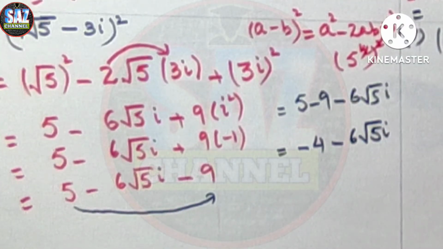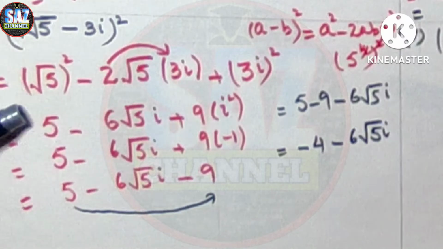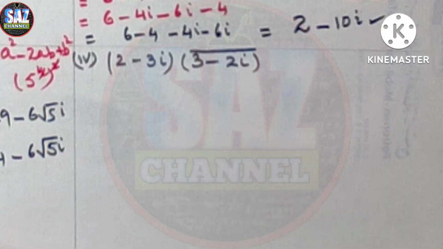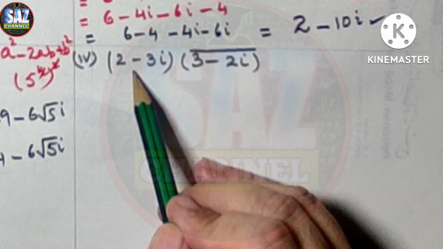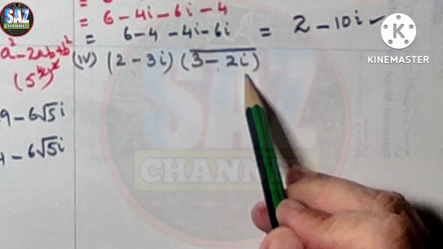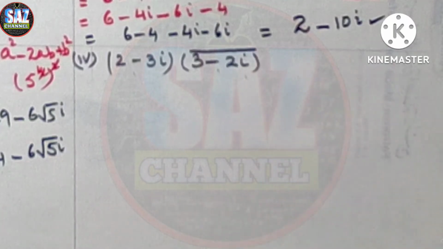And moving to the last part of this question, let me confirm the question from the book. I always advise my students that first you must recheck your question before solving it. The question is 2 minus 3 iota into 3 minus 2 iota and the conjugate of that. So try to understand what the role of conjugate is.